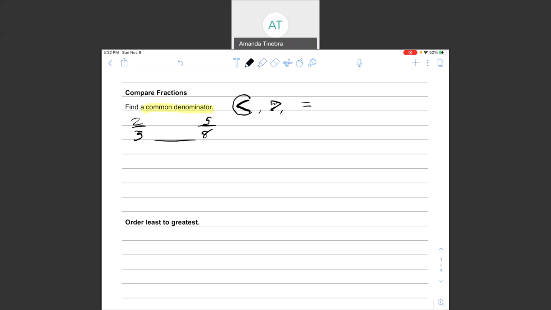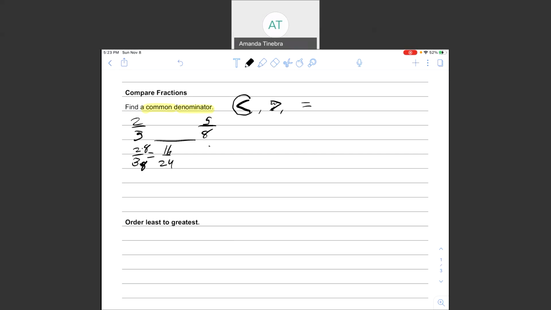So to turn 2/3 into 24ths, I'm going to be multiplying 3 times 8, which means I'm also doing 2 times 8. 2 times 8 is 16. So that means 2/3 is the same as 16/24.